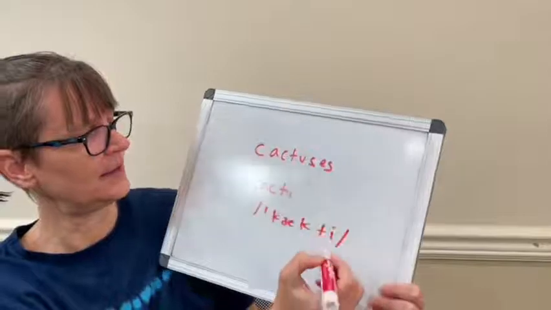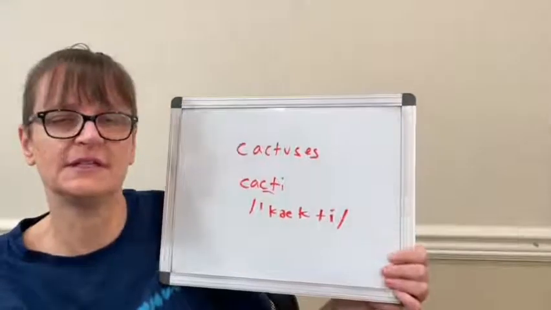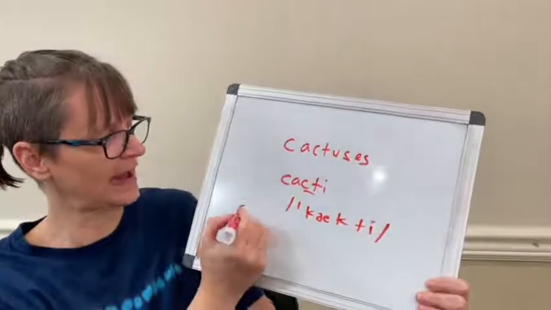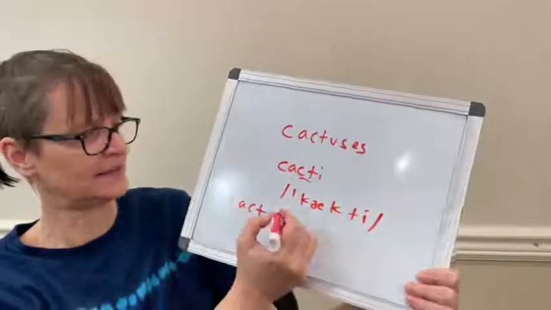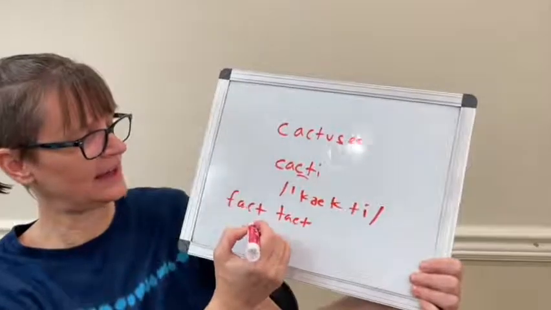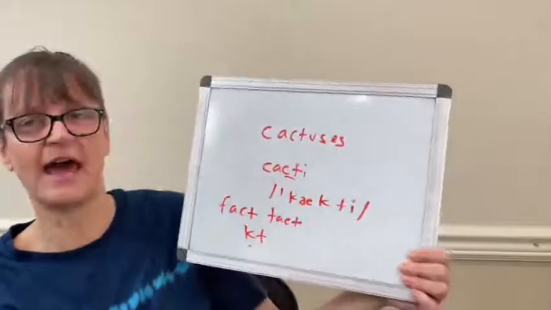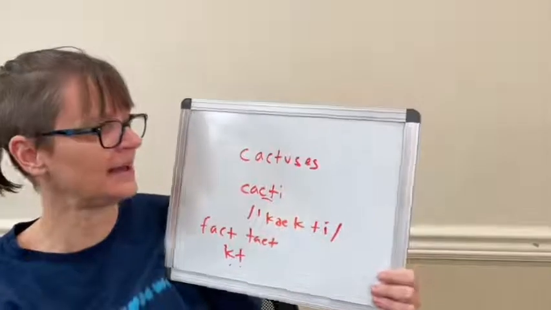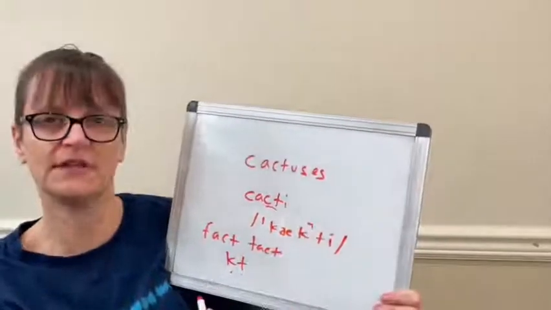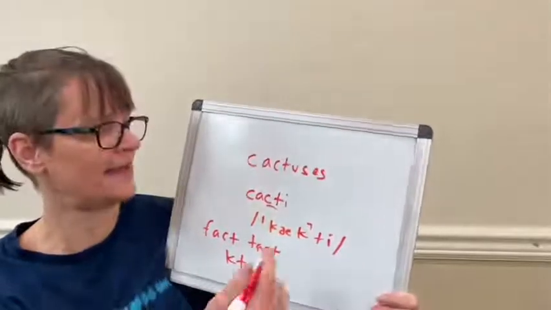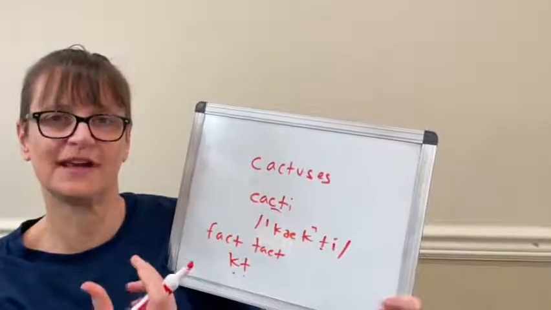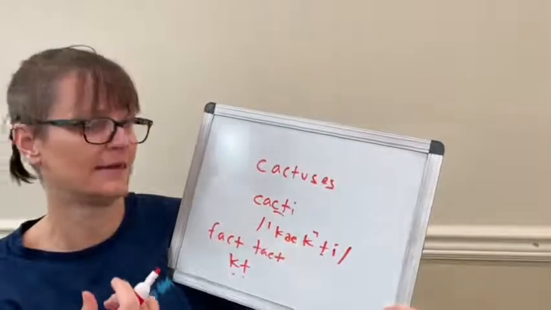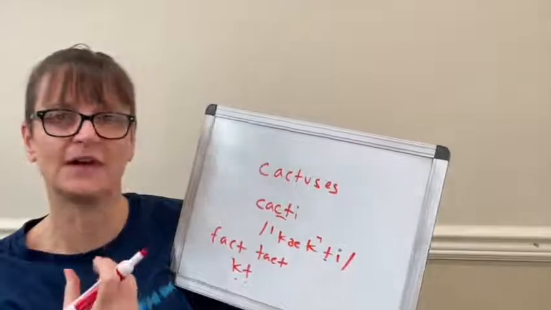In cacti, in this CT or KT blend, if I was just saying a word like fact or tact, I would say that k and the t sound, fact, tact. But in cacti, we have kind of an unreleased K there, and then my T is going to be somewhat unaspirated, so it sounds a little bit like a D. I don't want to do all the way cacti, not a strong D, but you don't want cacti either.